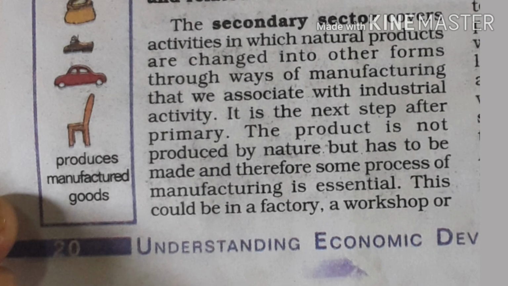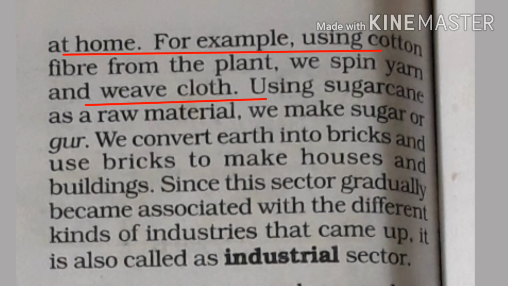The secondary sector covers activities in which natural products are changed into other forms through ways of manufacturing that we associate with industrial activity. This could be done in a factory, a workshop, or at home.